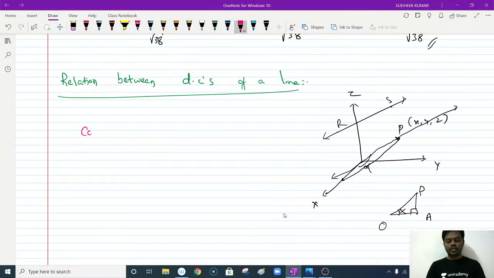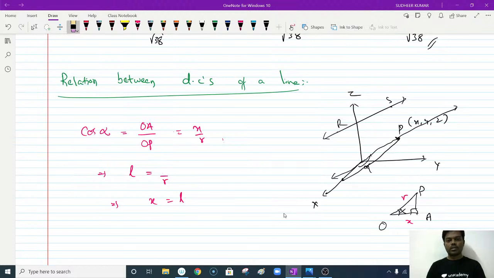So cos alpha is OA by OP, adjacent by hypotenuse. This is x units, and this is R. So this can be written as x by R. So cos alpha is L equal to x by R. So we get x equal to LR.